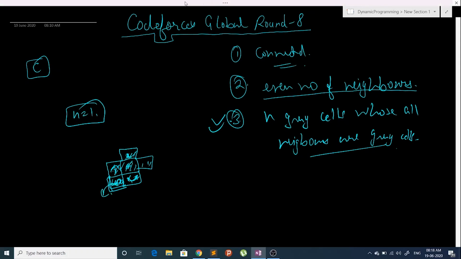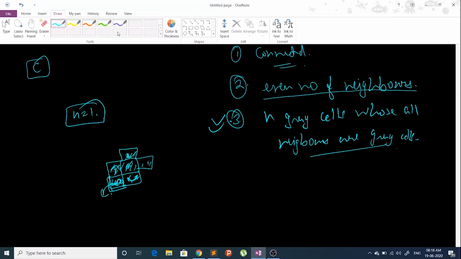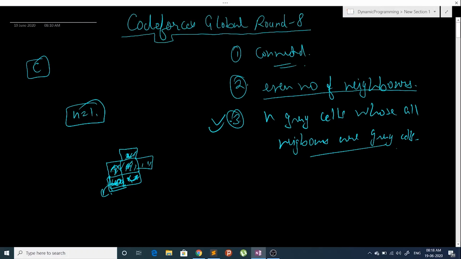Okay, so let's see. This cell has two neighbors, here and here, and this cell also has two neighbors, here and here, and similarly this cell also has two neighbors, this and this.